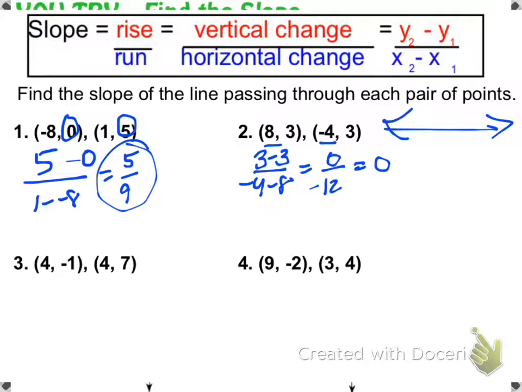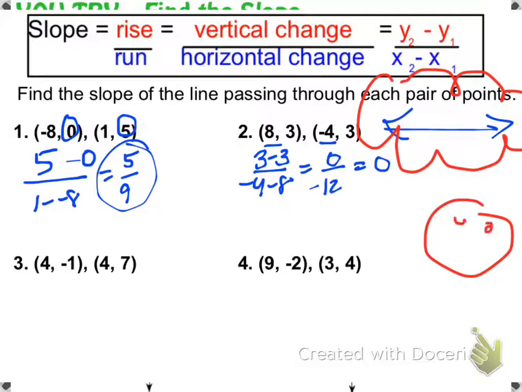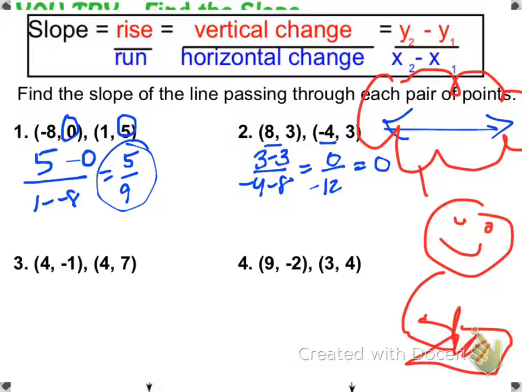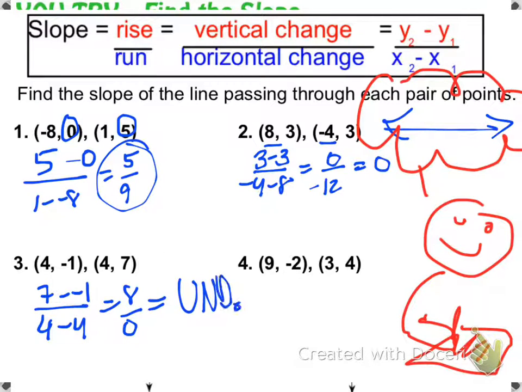You should always try to have these pictures in your head while you're doing your homework. Okay, so you know what the picture looks like that goes with the slope, with the numbers. So we have here 7 minus 1 over 4 minus 4 is an 8 over 0, which is an undefined slope, and that's going to be a vertical line.